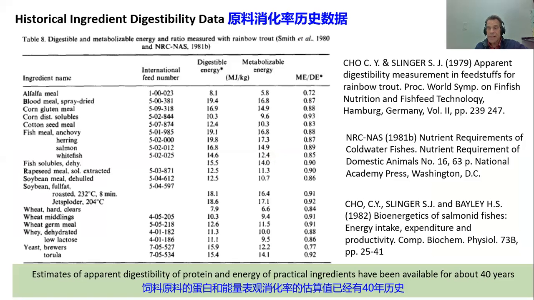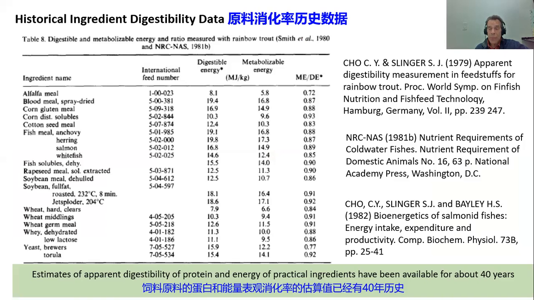Ever since the 1970s and early 80s, information on the digestibility of feed ingredients has been published in the literature, and you can see a lot of it comes from Dr. Cho and Dr. Slinger at the University of Guelph, carrying out some work done at Cornell University. So information on the digestibility of practical feed ingredients has been available for about 4 or close to 5 decades.